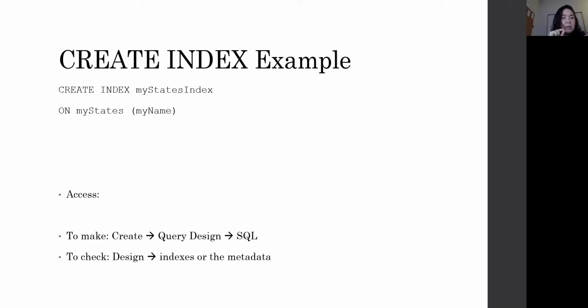So we're going to create an index on our MyStates table. The index has its own name, MyStates index. And for Access, I have the steps to make and to check, like step by step where to click. So I'm going to switch over our applications.